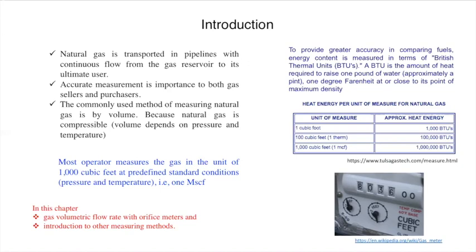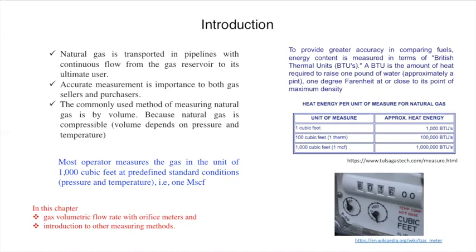So although we are selling it in cubic feet, 1 cubic foot is equal to about 1000 BTU. So the amount of energy content that is being sold should be rated in BTUs, or generally the energy is sold in dollars, okay, dollars per million BTUs. So this is how the energy is sold.